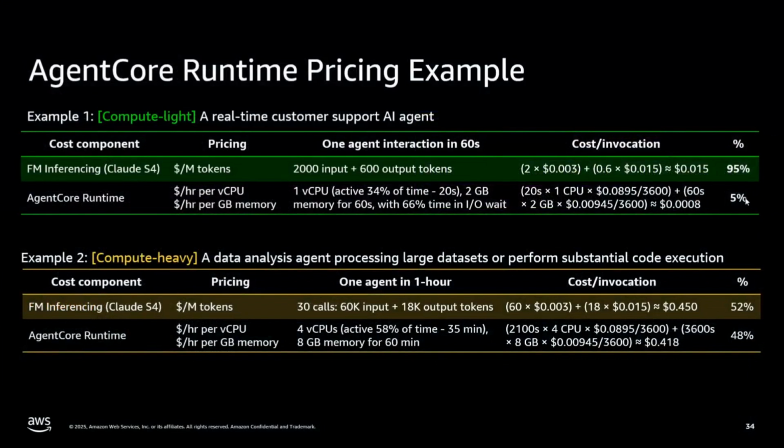Runtime is probably only going to be 5% of it. But if it is compute heavy, such as a data analysis agent processing large data sets, then foundation model inferencing is about half of it, and your runtime AgentCore is going to be half of the cost. So it really depends on whether your job is compute light or compute heavy.